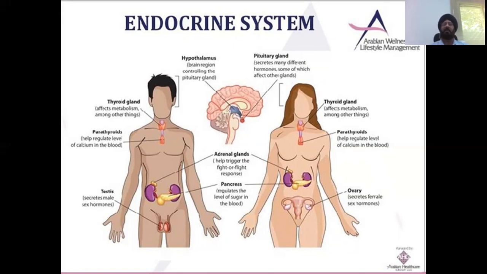These release endorphins, dopamine, serotonin, oxytocin, and melatonin. These are mainly responsible for regulating the emotions and the sleep patterns. Then come the thyroid and parathyroid glands, which regulate the metabolism.